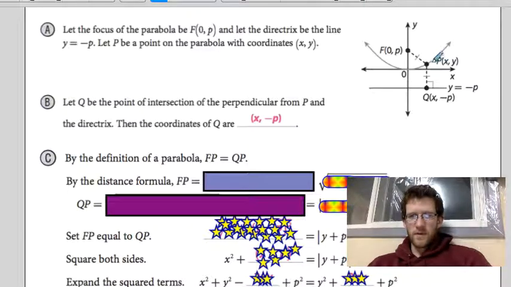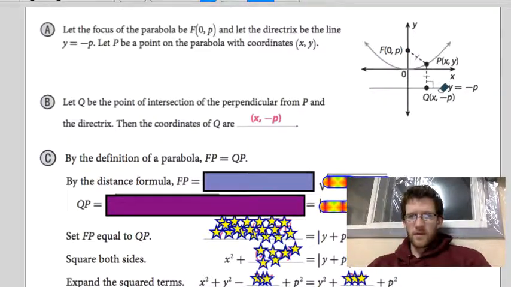Okay, so now we have two segments here. And remember, the definition of a parabola is that this point P is going to be equidistant from the point and equidistant from the directrix. So that means that this segment is congruent to this segment, and we just need to define those segments.